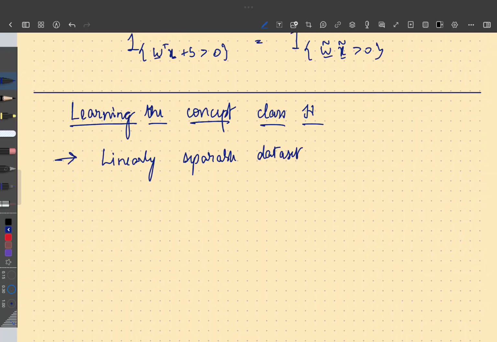All right. So for this, what does the ERM correspond to? Can you give a description of the empirical risk minimizer?